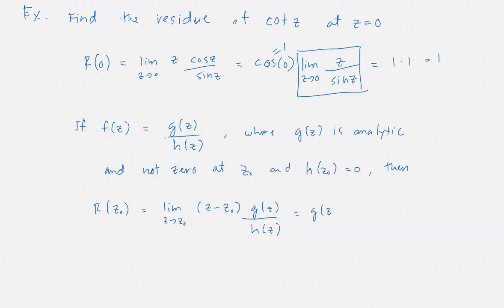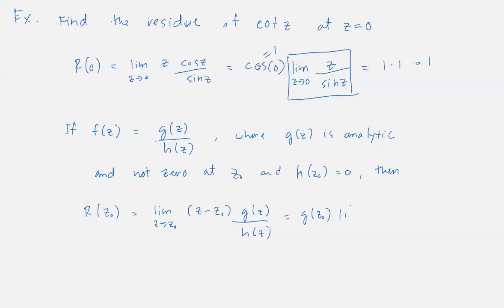Now, the limit is going to be the limit as z approaches z sub 0 of 1 over... we're going to have to do L'Hopital's rule, so h prime of z here.